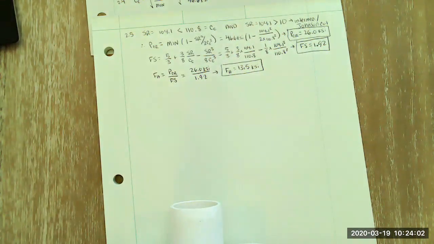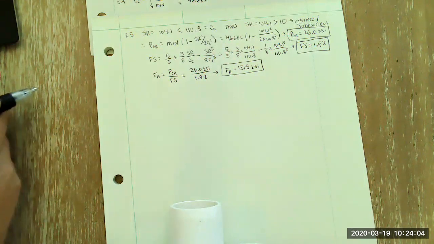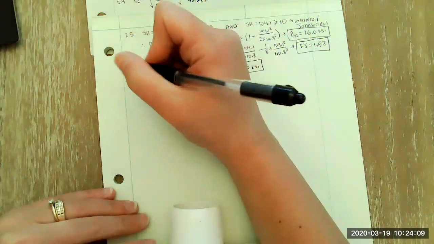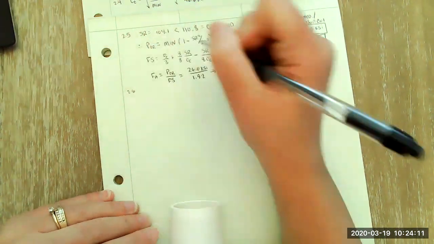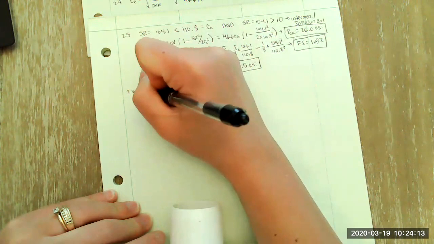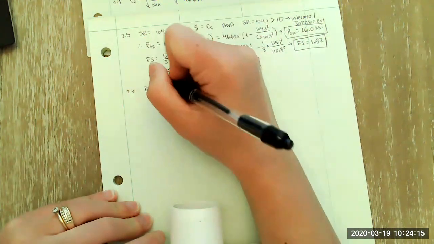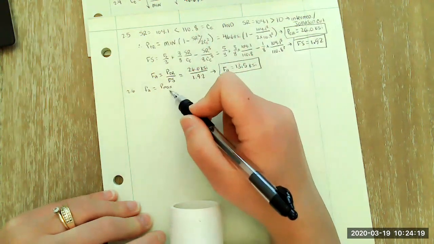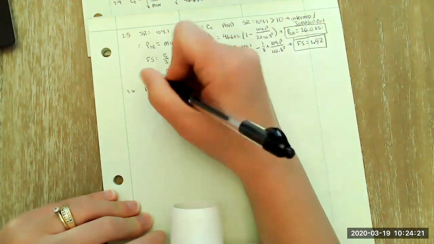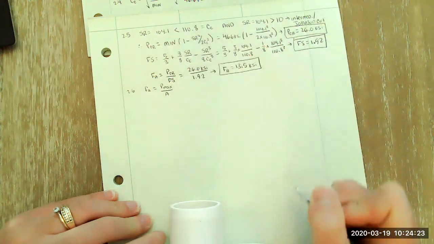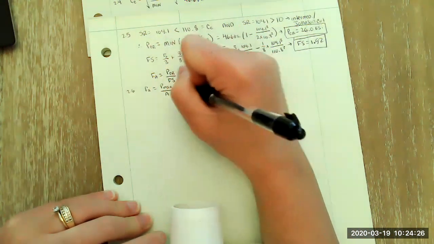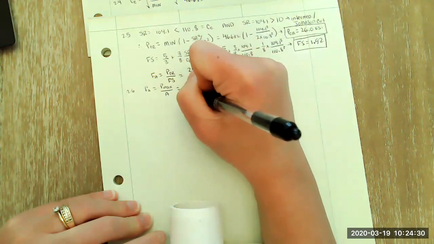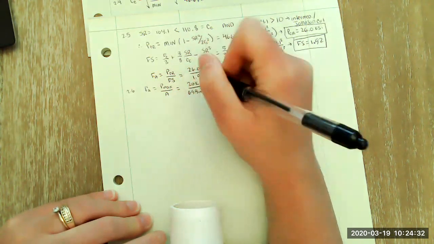Once we have our allowable buckling stress, we can compare that to our actual stress. So next we'll calculate our actual stress, little f sub a, which is equal to P max, the actual compressive load that we have on our structure, divided by our cross-sectional area, or 20 kips divided by 69.9 inches squared.